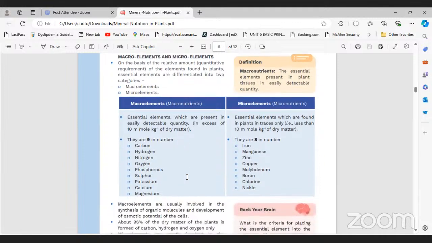One is macro, second is micro. Macro elements are present in easily detectable quantity, in excess of 10 mmol per kg of dry matter. Micro elements are found in plants in trace amounts, less than 10 mmol per kg of dry matter.